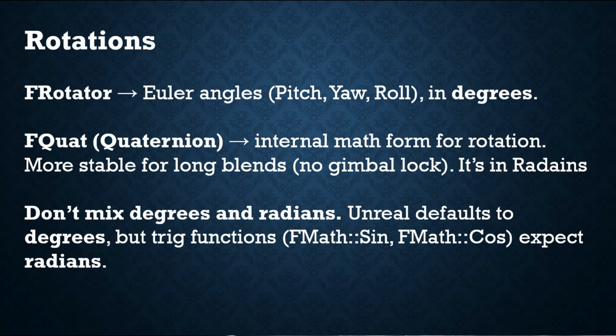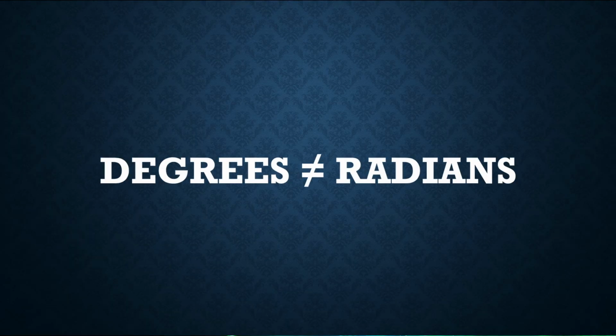Now, the big math gotcha. Degrees versus radians. In Unreal, most rotation values like FRotator, the blueprint rotators, and editor gizmos all use degrees. But math functions like sine, cosine, and tangent all expect radians. And radians don't equal degrees.